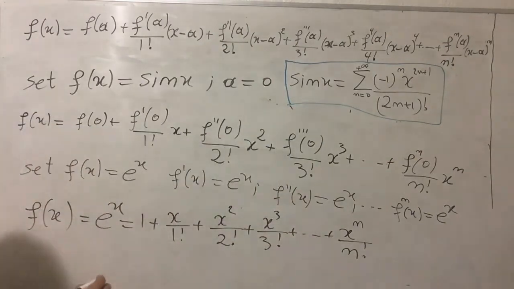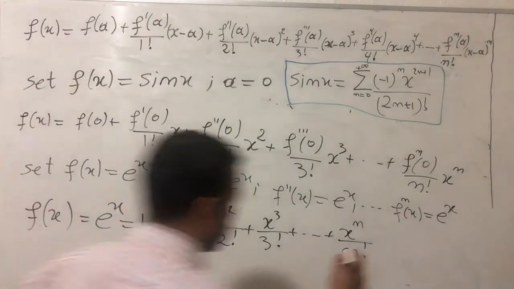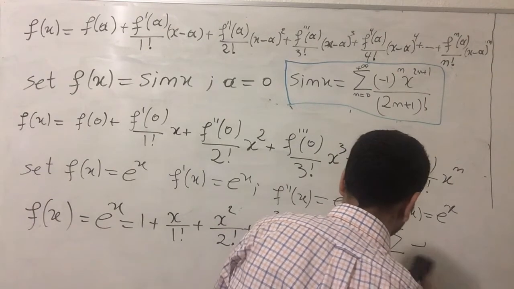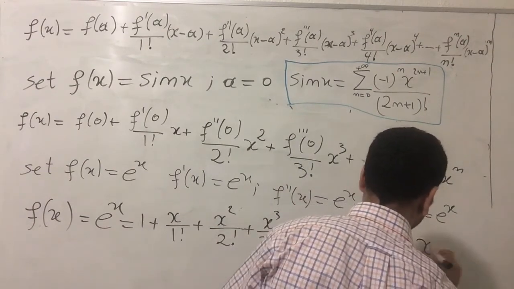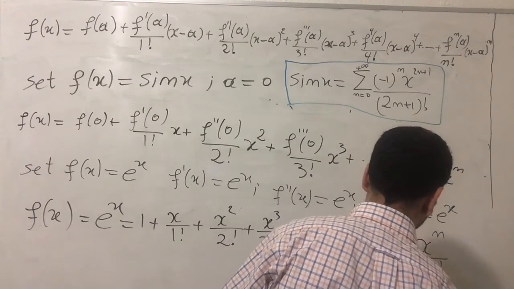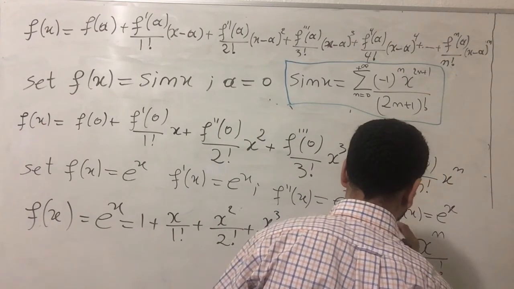Okay, this is equal to the sum of x to the n over n factorial, as n goes from 0 to plus infinity.